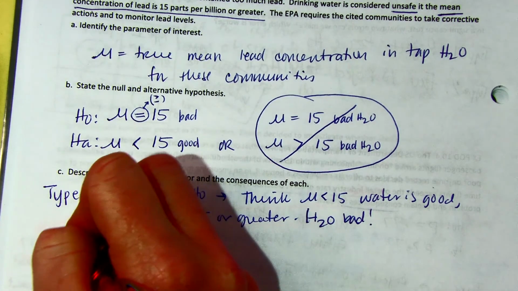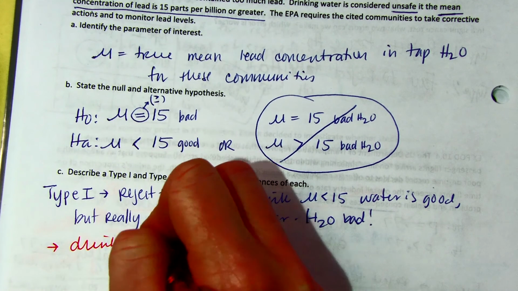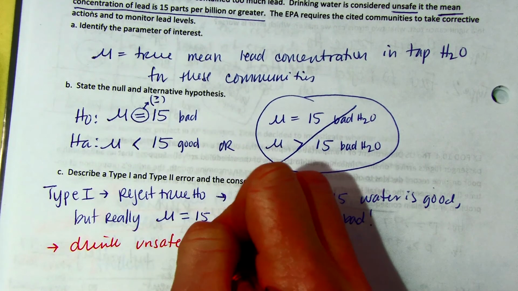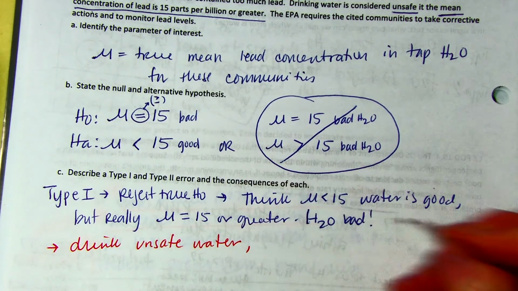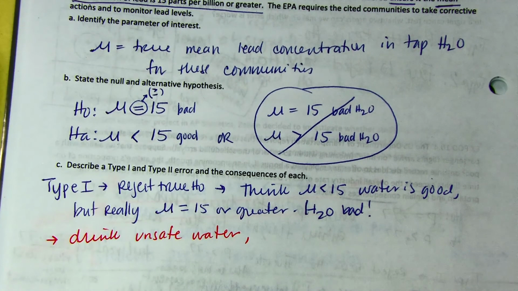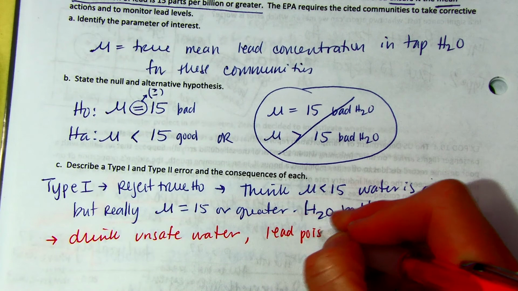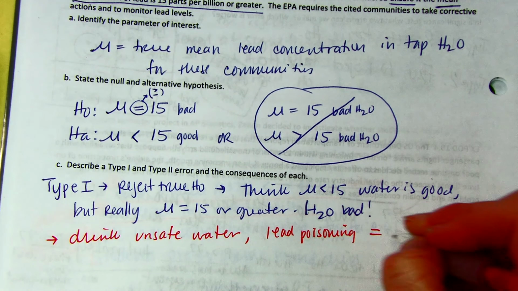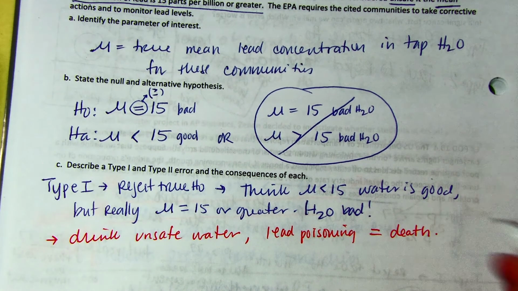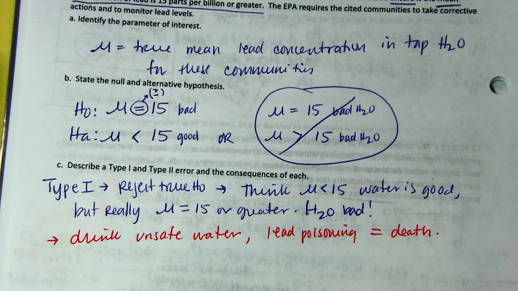So people are going to drink some unsafe water. That's kind of bad. If you have too much lead, you can get lead poisoning, which equals death. So kind of a problem.